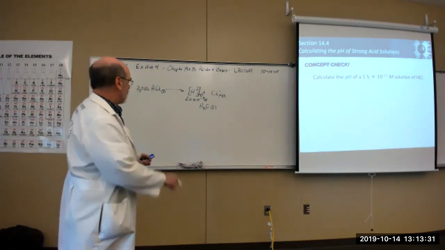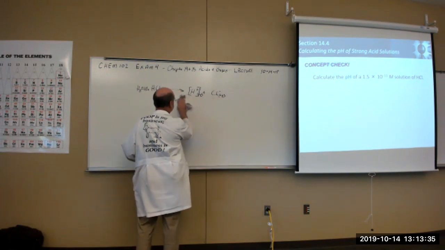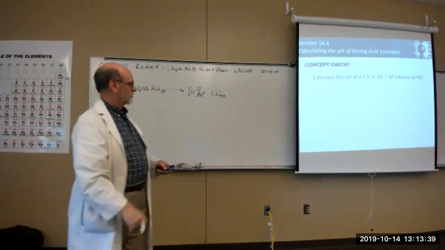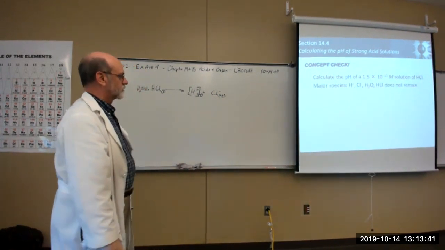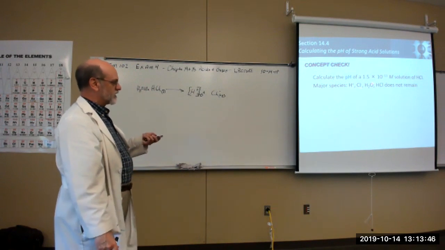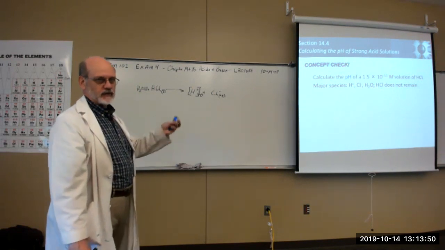So how about this one? Here we have hydrochloric acid again at a different concentration. So the major species are again these three. There's no HCl remaining. It's gone. It's completely dissociated.